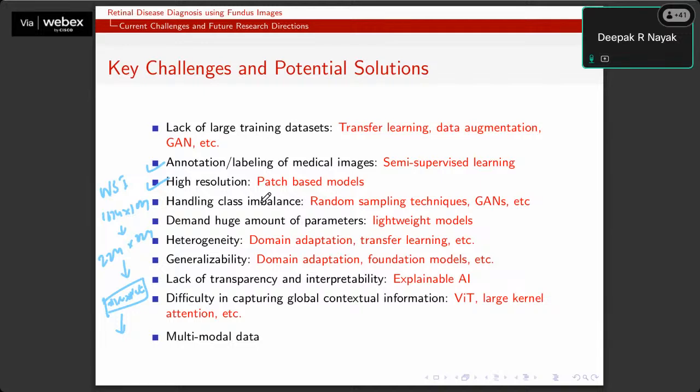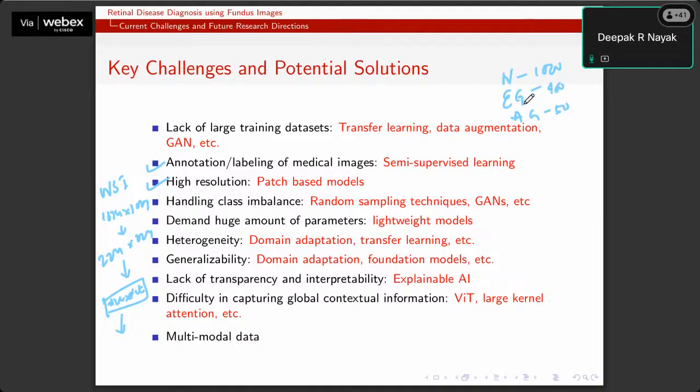Handling class imbalance. As I mentioned, class imbalance is always a problem when you are solving a multi-class classification problem. Let's say there are 3 classes: one is normal, one is early stage glaucoma, and one is advanced stage glaucoma. You will find most of the time, say 1,000 samples for one class, maybe 400 for another, and sometimes even 50 for the third.